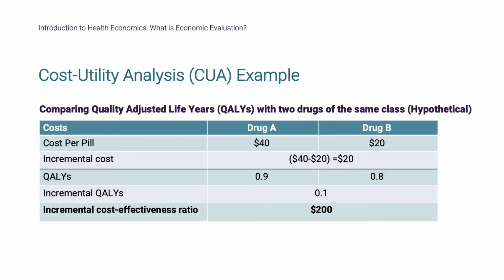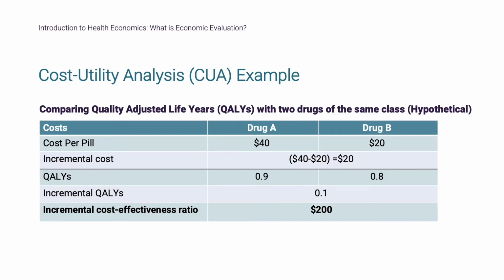Health utility is typically scored on a scale from 0, representing death, to 1, representing perfect health. Any health state or outcome can theoretically be expressed using a health utility value. Valuing health outcomes in a common metric, such as a QALY, enables comparison across different health interventions and a clearer understanding of the value of the health gains.